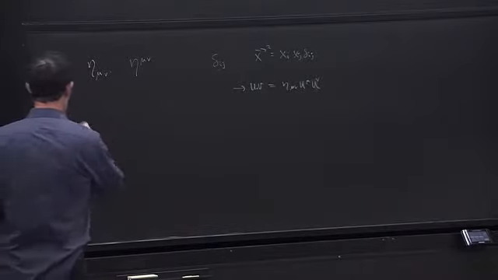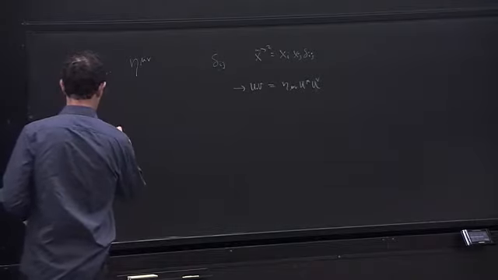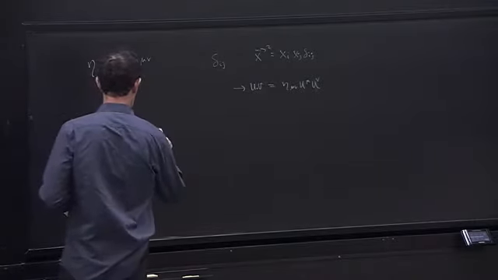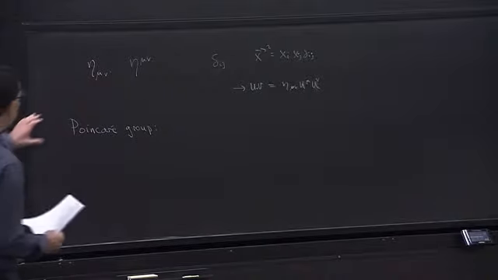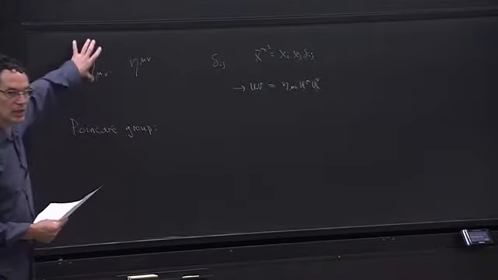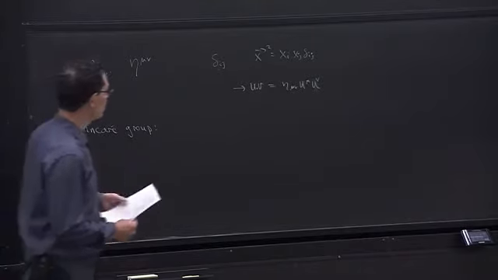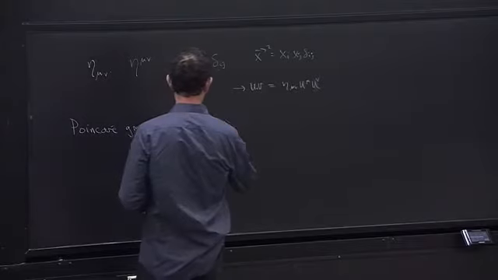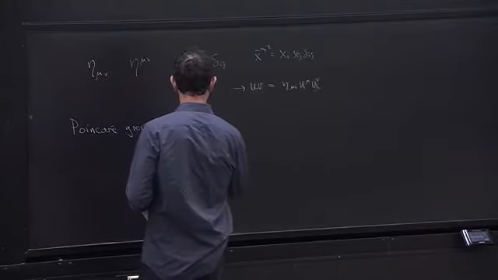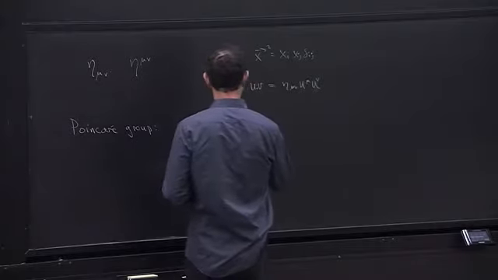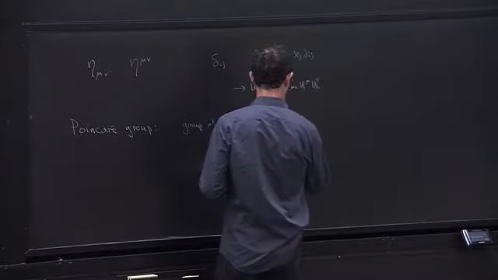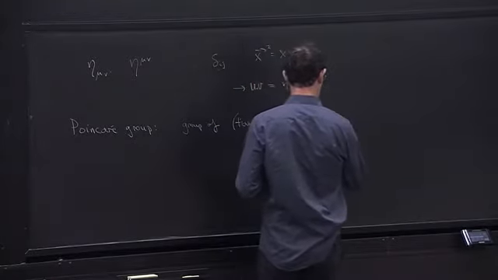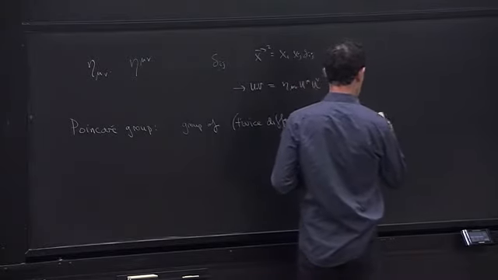And I've already mentioned the Poincare group. I'm now going to define and derive it as the group of coordinate transformations which leaves this eta invariant. So this is the group of, and it will turn out to be, twice differentiable coordinate transformations.